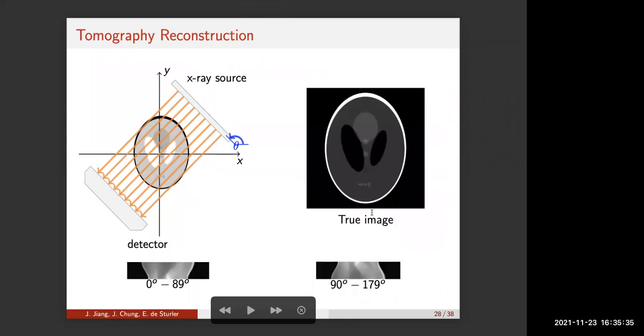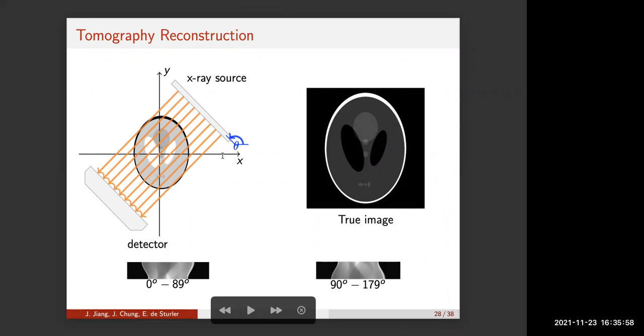The second example I want to show is CT. For CT, it's hard for us to do the CT scanning from 0 to 360 degrees, so it's impossible for us to do CT all around.